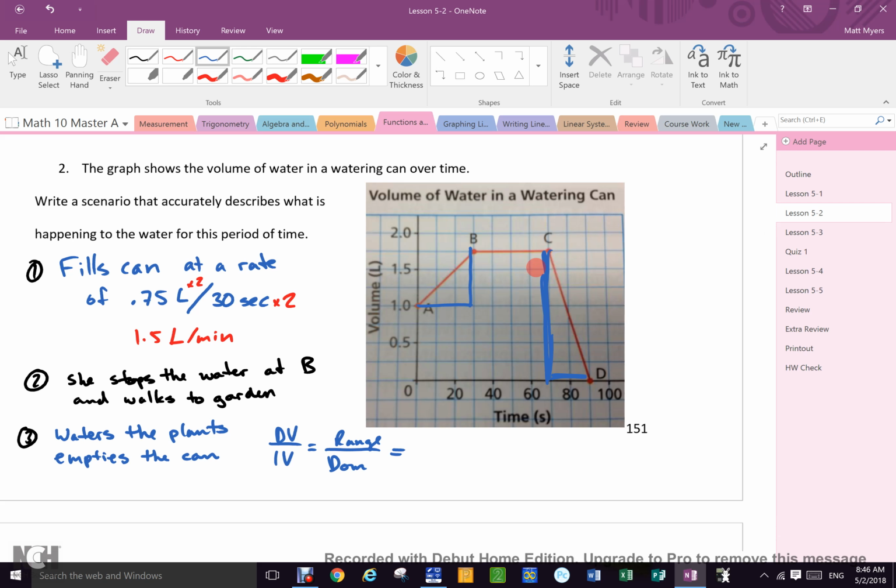Because she went from 1.75 down to 0. So 1.75. That's going to be a big mess because I wrote it like 4 times. As soon as it shows up. If it shows up. Maybe it'll show up. I don't know. There it is. 1.75 over what? How long did it take? 10, 20, right?